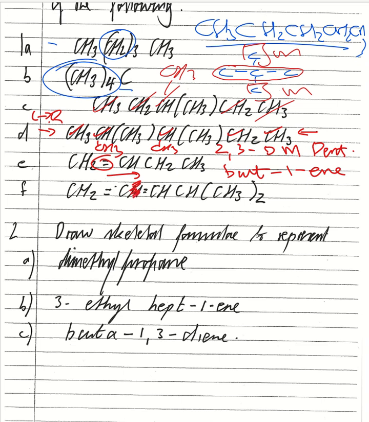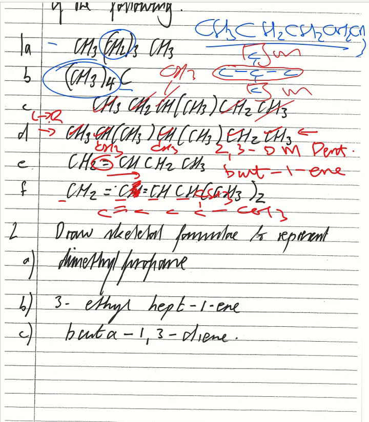Down here I told you to get rid of that hydrogen. We have 1, 2, 3, 4 carbons. At the end I have a CH3 on this one and 2 CH3s on that one, with a double bond here.